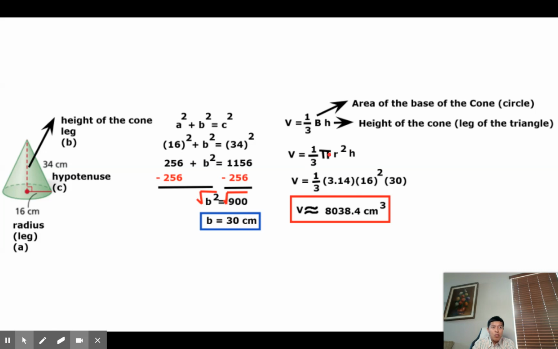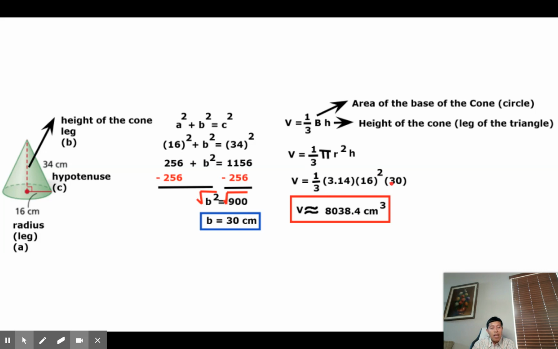V is equal to 1/3 pi r squared H. Let's use pi as 3.14, though there are longer digits. But let's just say we'll use 3.14, okay? So r, our radius, one of the legs, is 16, so 16 squared, and then height is 30, the one that we have solved recently.